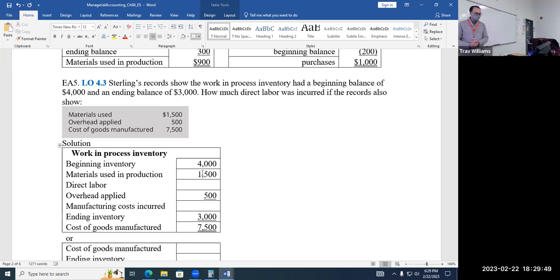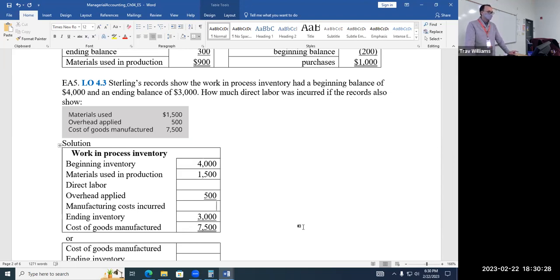Okay. Now we've got two things to figure out. And in this case, I think we're going to have to work backwards, because there's no way for us to know what the labor is based on this information. So if we work backwards and we say they manufactured $7,500 worth of goods, and they had another $3,000 of work in process inventory, then what were their total manufacturing costs that were incurred for that period? 4,500.